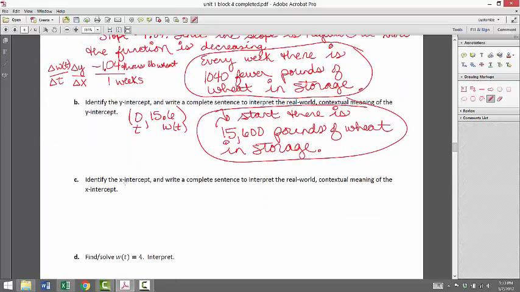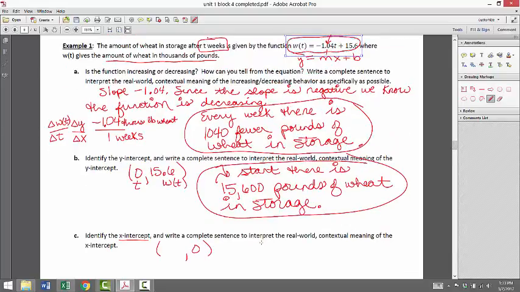Part C asks us to identify the x-intercept. Remember, an x-intercept, the y value is 0. So the output is 0. So for our function, I'm going to go to my equation. I'm going to let the output equal 0. And I'm going to solve for the input t value. So we can go ahead and add 1.04t on both sides. We have 1.04t equals 15.6.